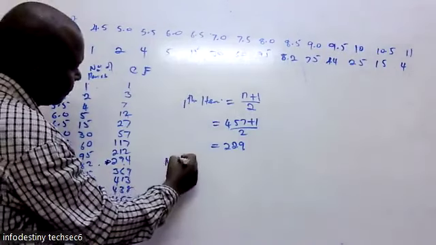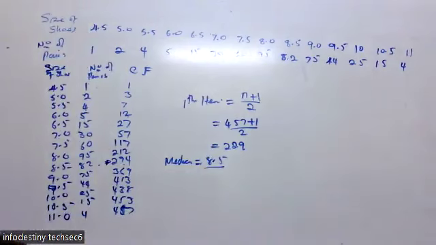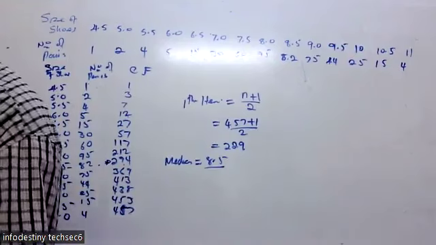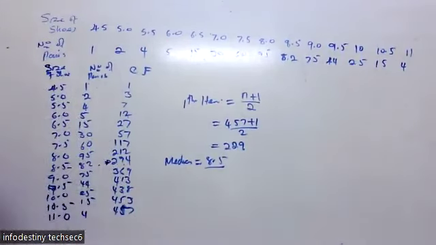So the median is going to be 8.5. Are you getting the point?